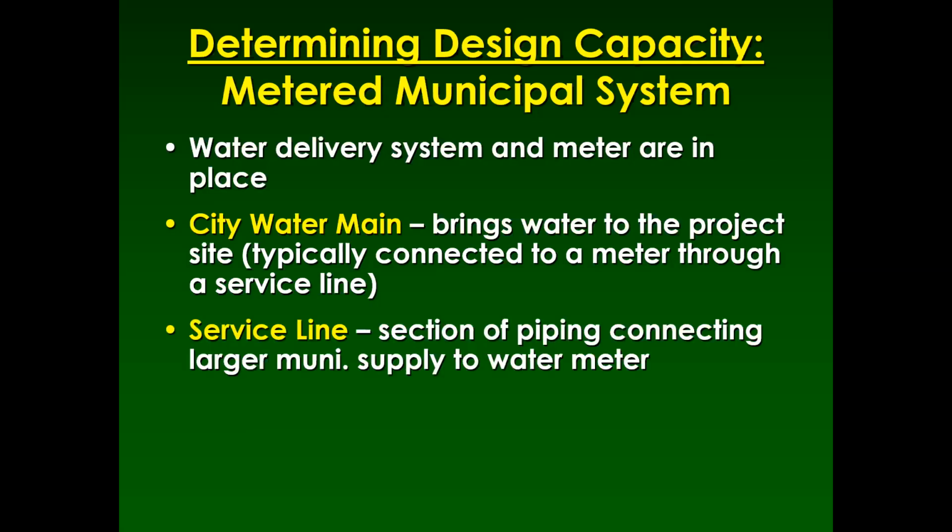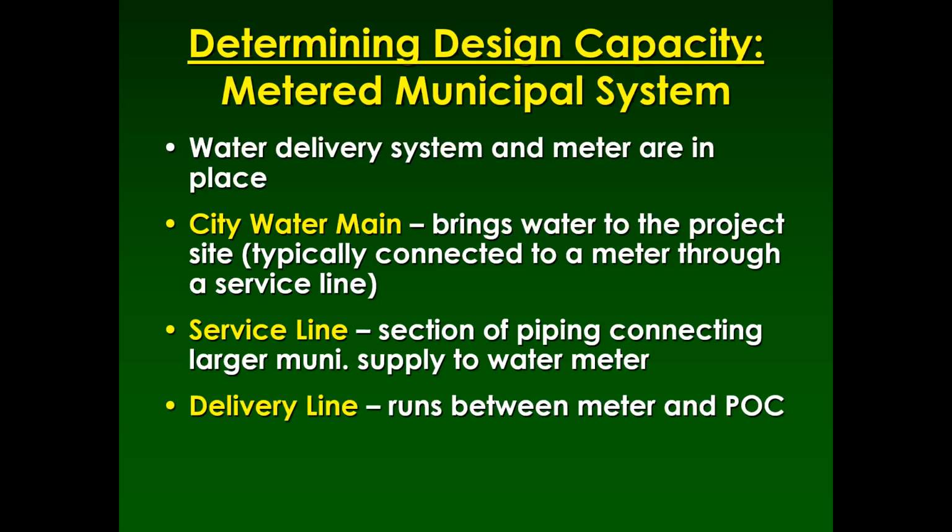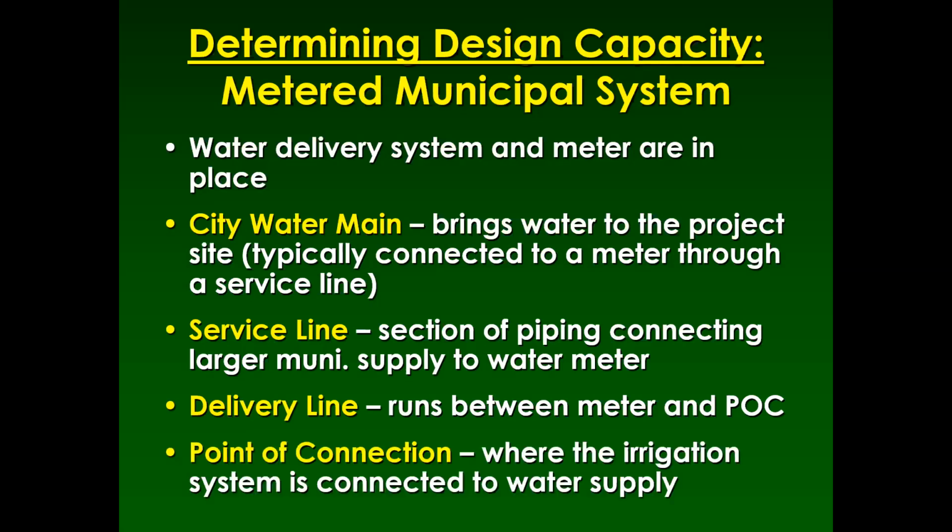Our service line is the section of piping connecting our larger municipal supply to our water meter. And then the delivery line is going to run from our meter connection to our point of connection, which is then going to go out to our irrigation system. Then our POC, or point of connection, is where the irrigation system is connected to our water supply.